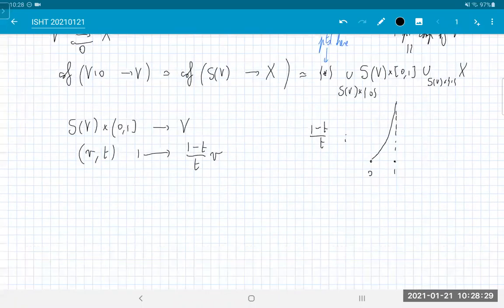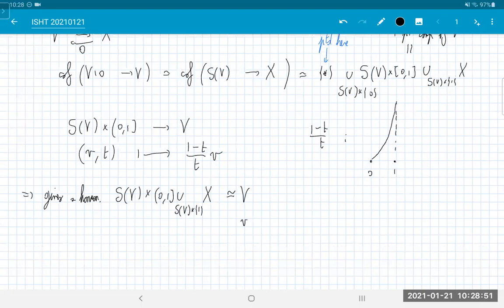And so this clearly gives a map from (0, 1) union SV times 1 to V, which is a homeomorphism, actually, not just a map. With inverse is essentially sending V in the pair V over the norm of V, comma, whatever the inverse of this rescaling is. I think it's V plus 1 over absolute value of V, yeah.